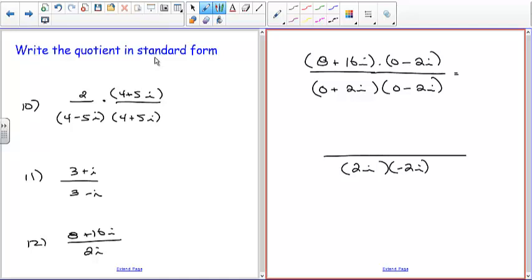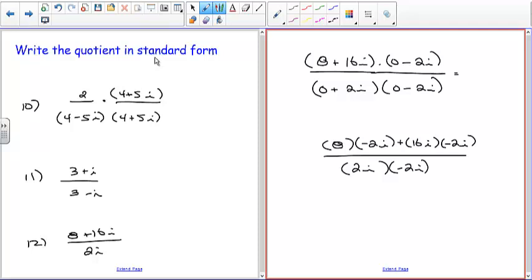In the numerator, we're going to have 8 times 0, which is 0, 16i times 0, which is 0. Then we're going to have 8 times negative 2i, and we're going to have 16i times negative 2i.